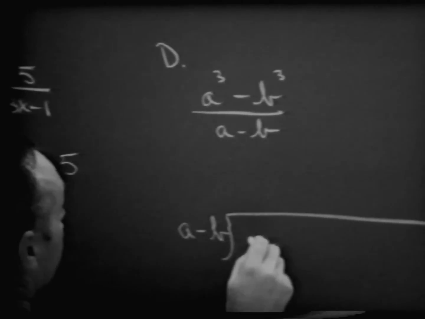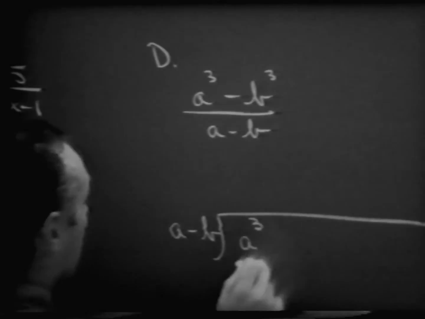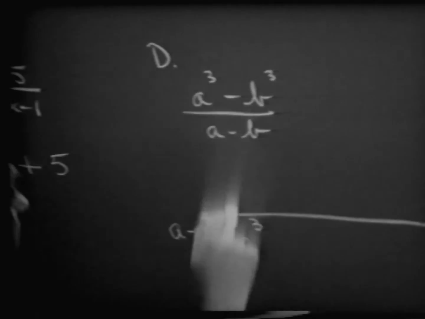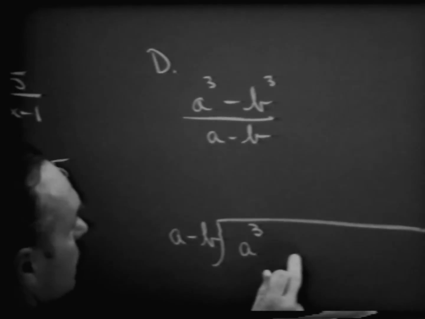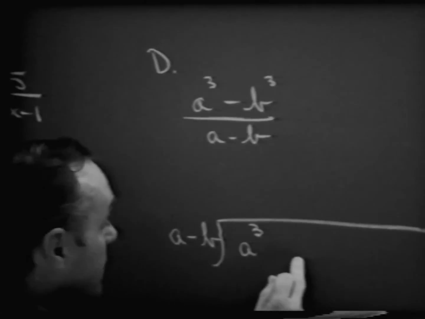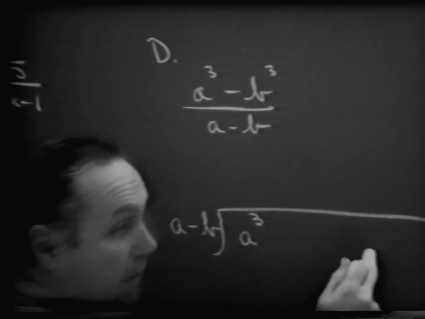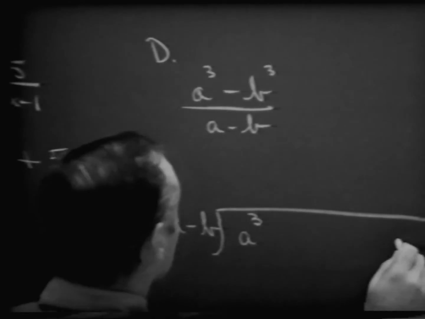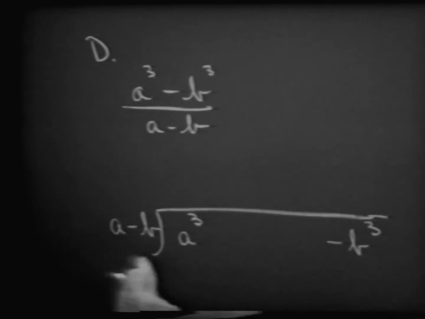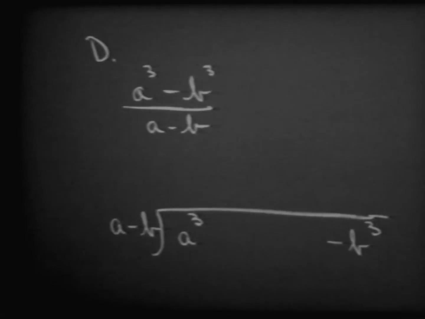I'm also doing this because when we have our polynomial, in this case a cubed minus b cubed, we have to think of the coefficient of a squared as 0, and the coefficient of a to the first power is also 0. Then over here let me write minus b cubed in order to have room for everything that must come in here.